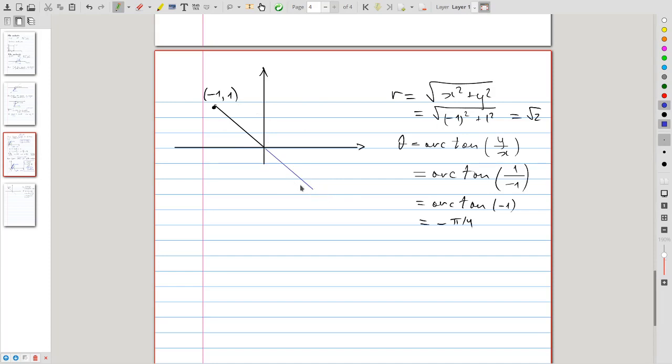So since we are not happy with this point that corresponds to the angle minus pi over 4, we're going to add pi to it. So we will indeed have to use the plus pi option to end up in the second quadrant as desired here.